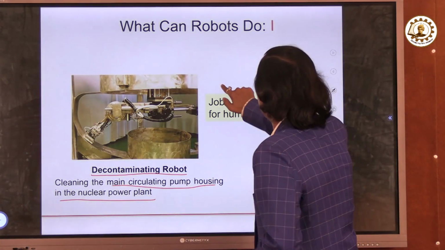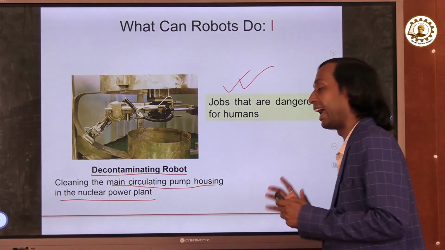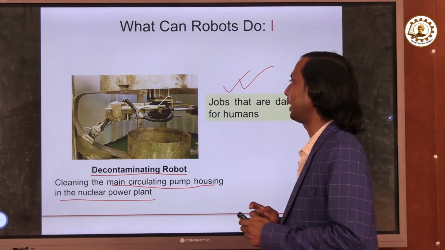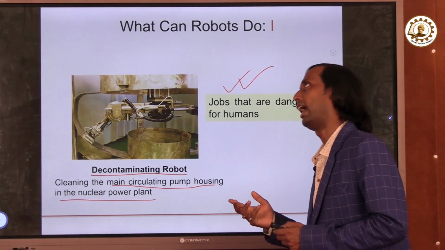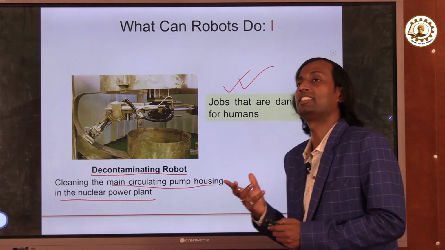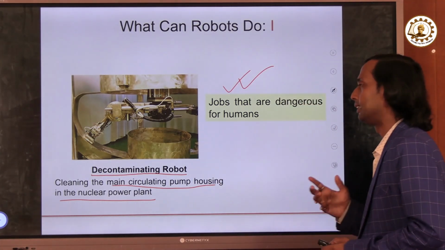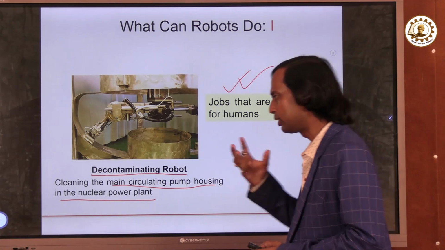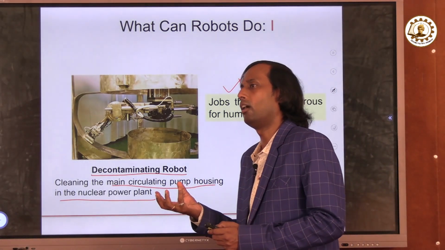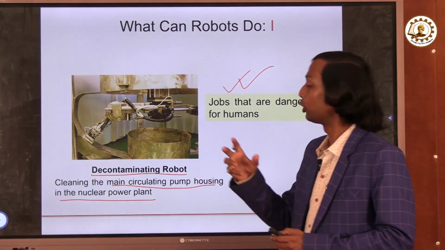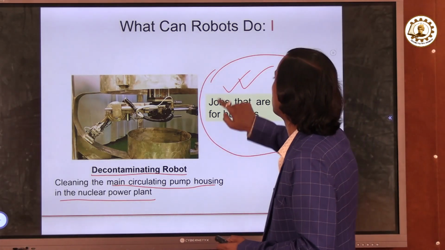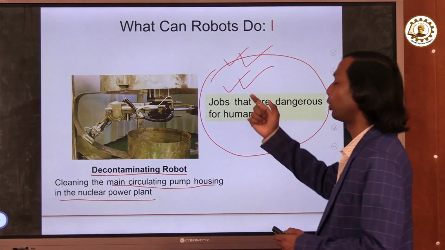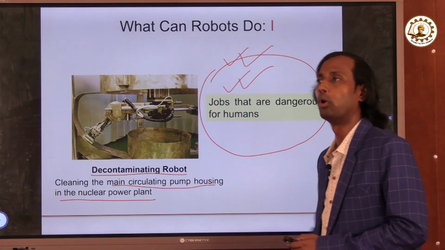When the job is very hazardous and dangerous, a human being cannot do that, and it's really challenging work. So if we develop some machine that can do that, then this type of thing comes in. This is the original use of robots.